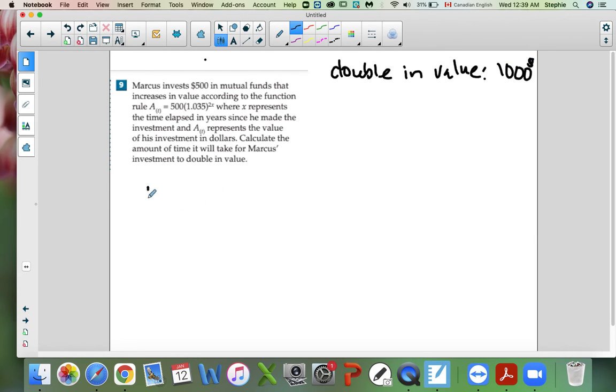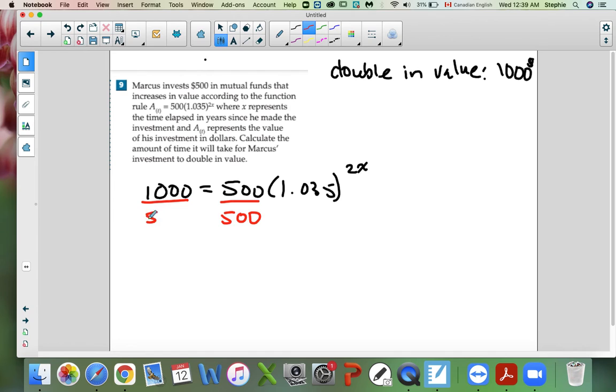Again, you're going to place the 1,000 over here, 500 over here, 1.035 to the 2x, and then you're going to solve by doing the isolation. So you're going to isolate the base. So you're going to divide this. By the way, you also could have completely skipped this step and just put a 2 in the beginning, because those of you who saw that was a double, that's what it is.